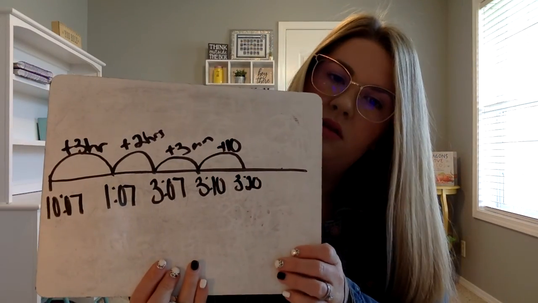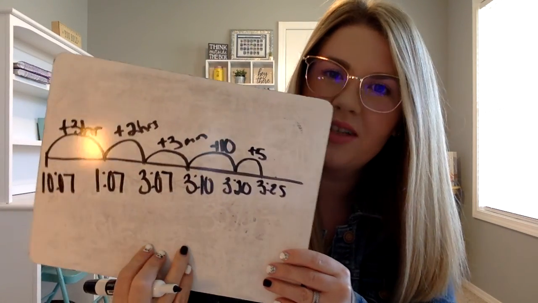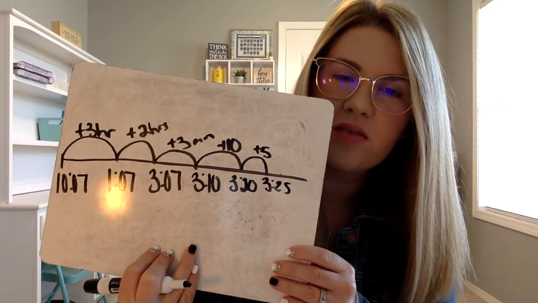I'm going to do another jump of 10 to get to 3:20. And then I'll do a jump of 5, and I'll be at 3:25. Doing it a little bit different this time. There's multiple ways you could have solved this. And then I know adding 1 more minute is going to get me to 3:26.